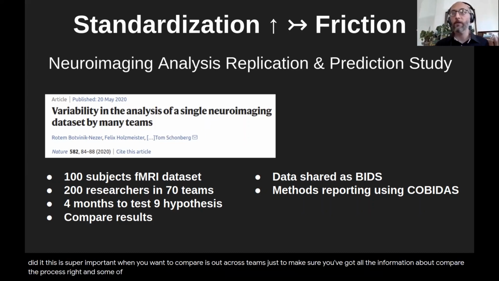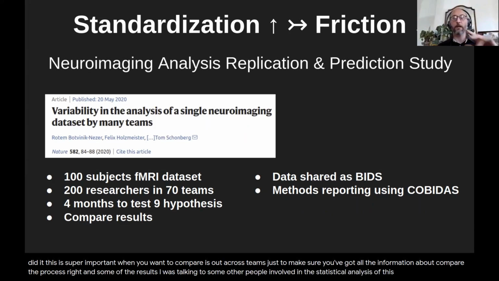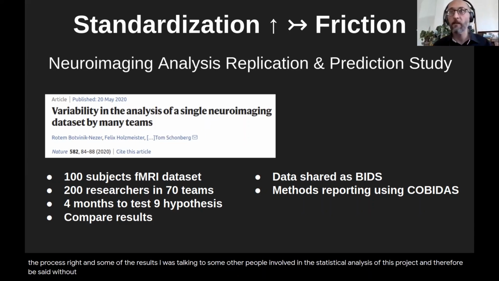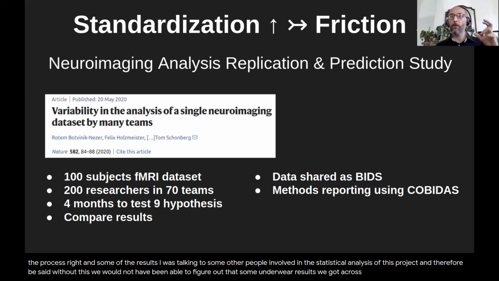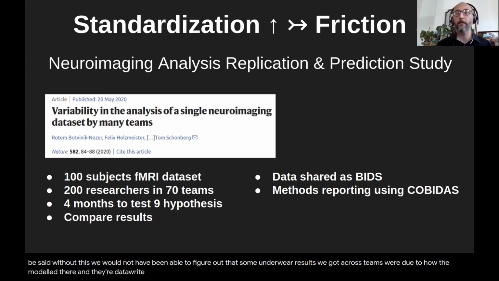And some of the results, I was talking with some of the people involved in the statistical analysis of this project, and they clearly said that without this, we would not have been able to figure out that some of the weird results we got across teams were due to how the people modeled their data, right? Without this it would not have been doable.